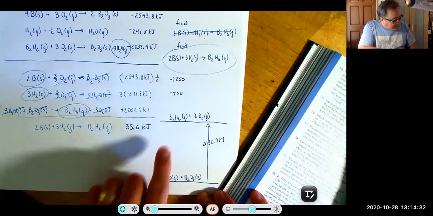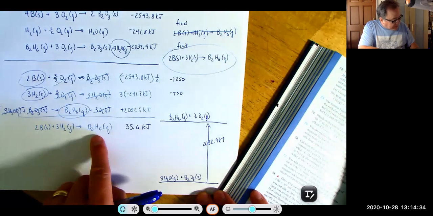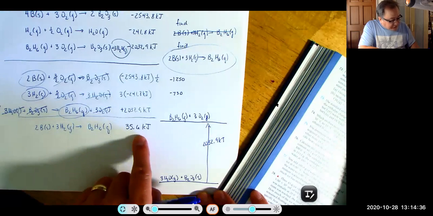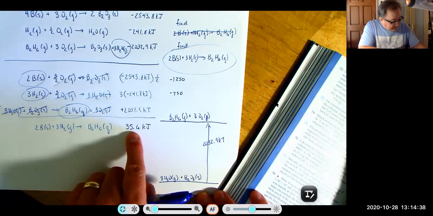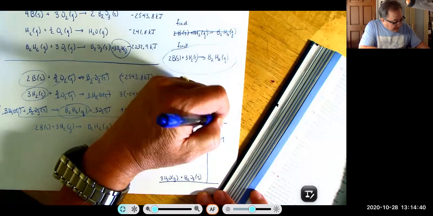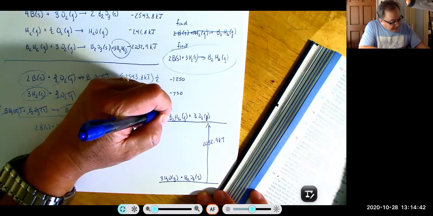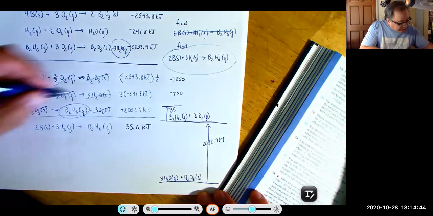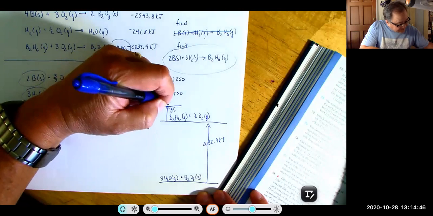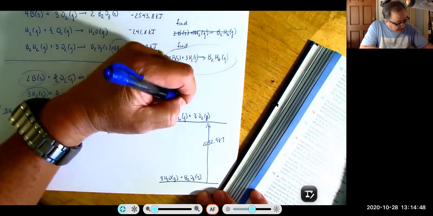And since I've got the B2H6 and the B2H6, I'm going to put this one in next. This one is positive 35. So this one's going to go up 35 to 2 Bs plus 3 H2s.